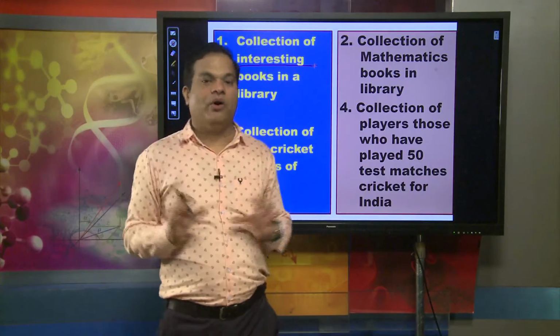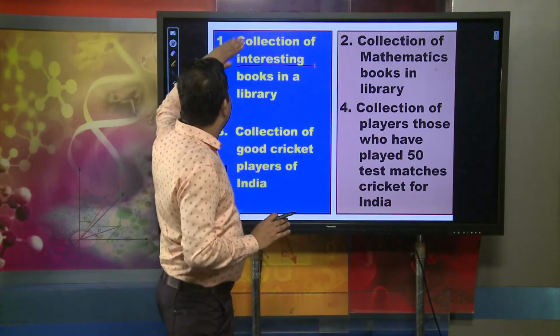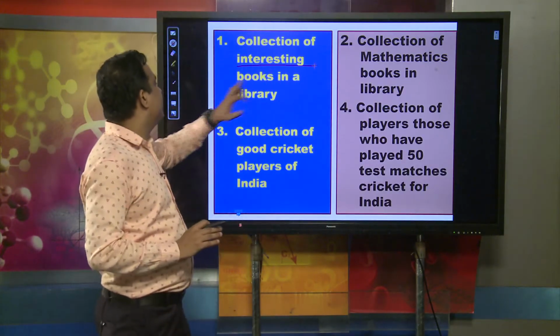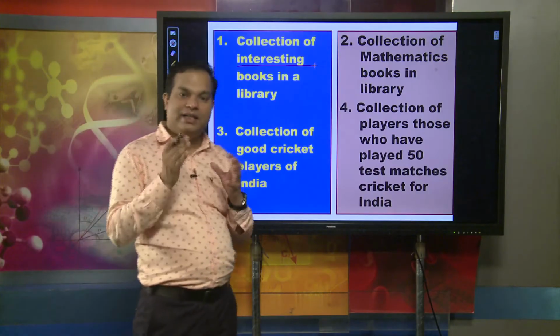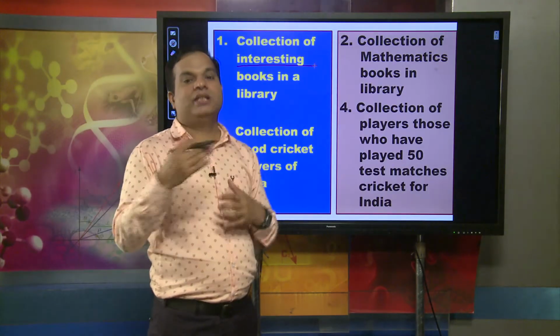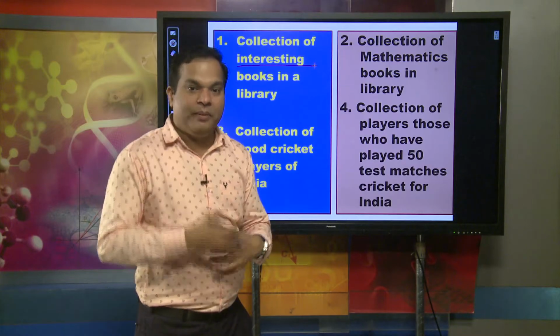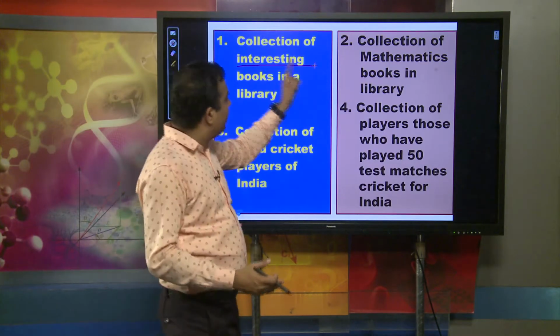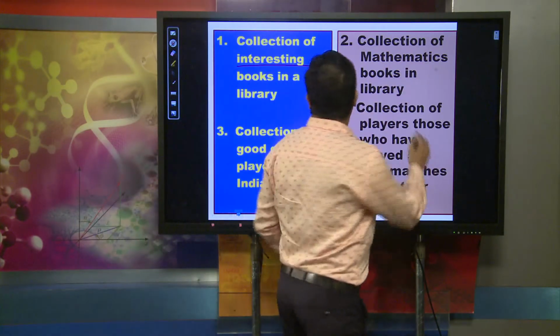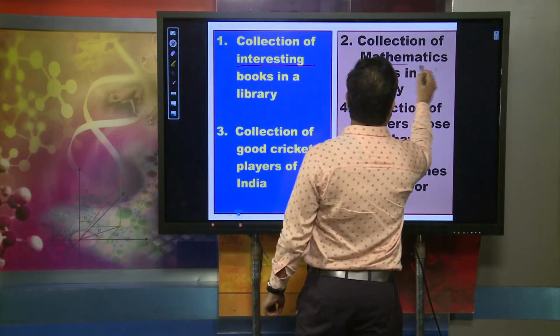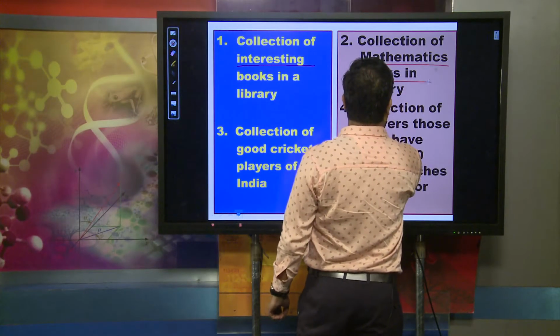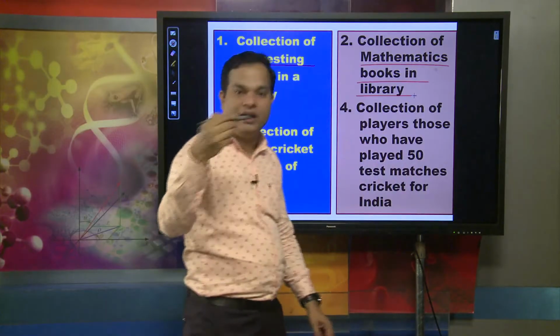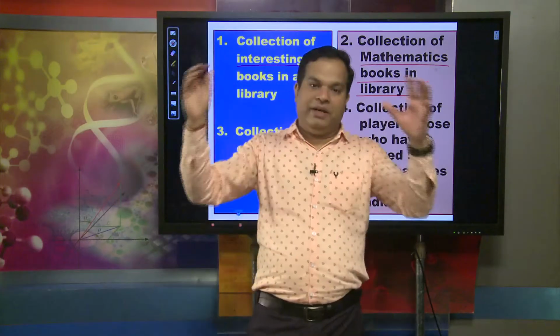So we cannot form a set by taking a collection of interesting books, because the word interesting itself is subjective in nature. If I convert the same thing to a collection of mathematics books in the library, suppose in your library there are mathematics books.